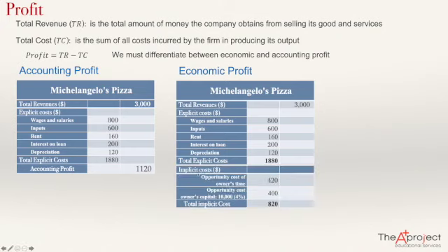So, for example, an implicit cost could be the opportunity cost of the owner's time. If the owner in this time can make $420 working for a company, the owner is losing 420. So this 420 is considered an opportunity cost, an implicit cost that the owner has, but it is not considered in the accounting process.